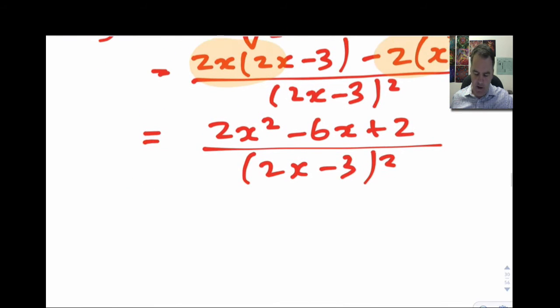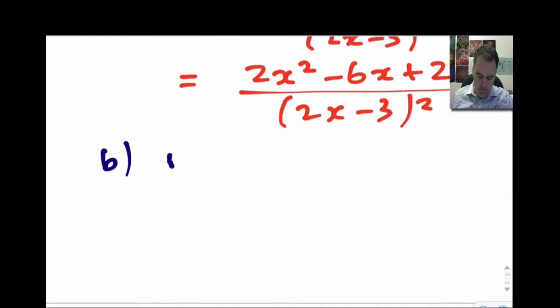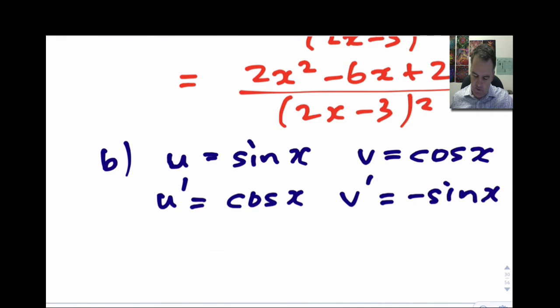Okay, so second part, using the trig stuff. We've got sine of x over cos x. This is a pretty easy one. So u is sine of x, v is cos of x, u dash is cos x, v dash is negative sine x. Okay, let's put this all together.